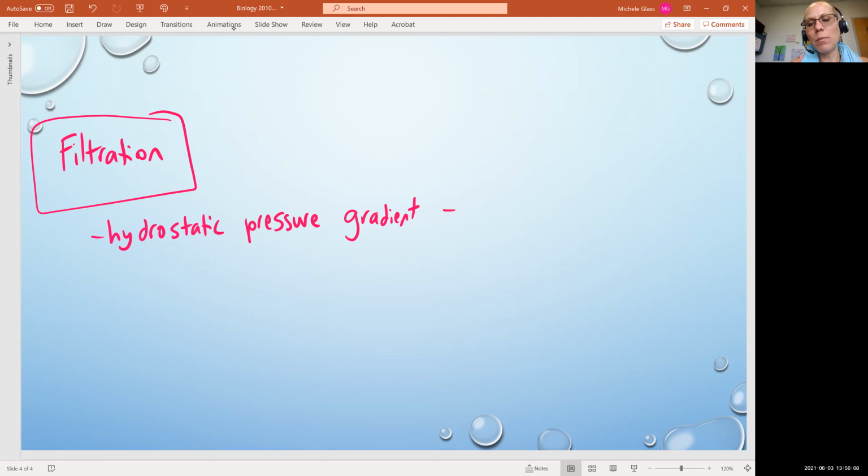And it basically pushes fluid from a high pressure to a low pressure.